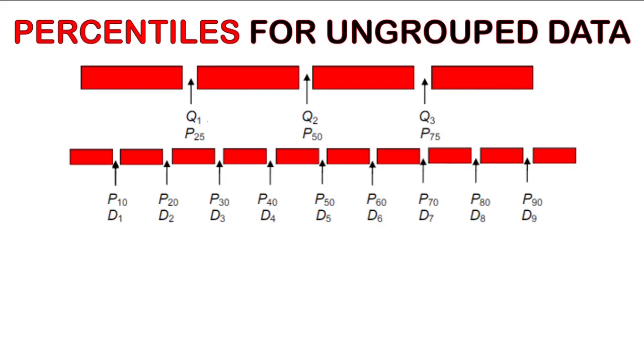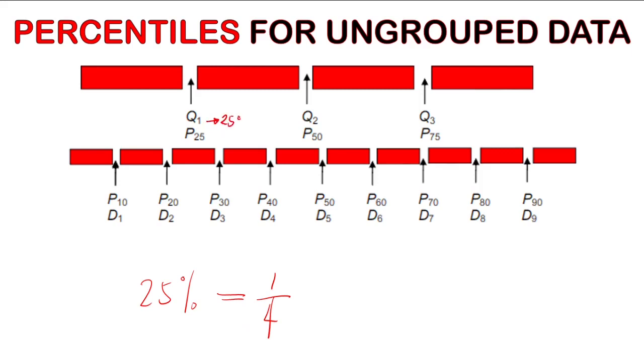So in relation with quartiles, quartiles will divide the whole distribution into 4 equal parts, correct? So 25% of the whole distribution is considered 1/4. Tama ba? So 25% is considered equal to 1/4 of the whole distribution. In reference with first quartile is 25% of the whole distribution.